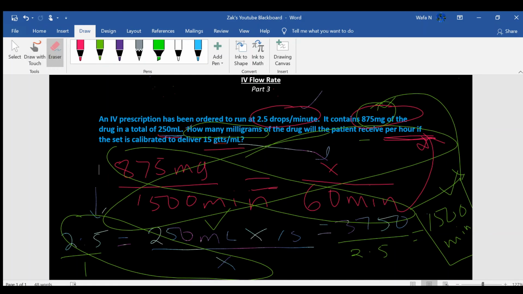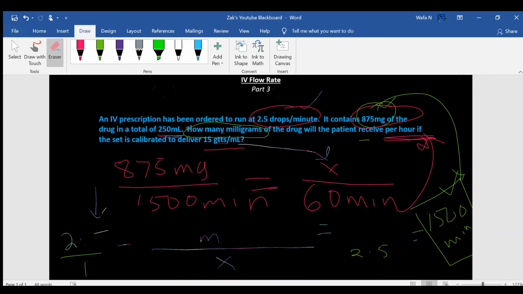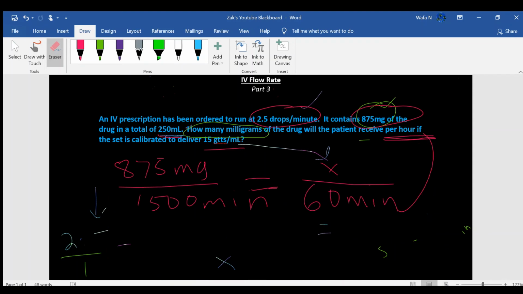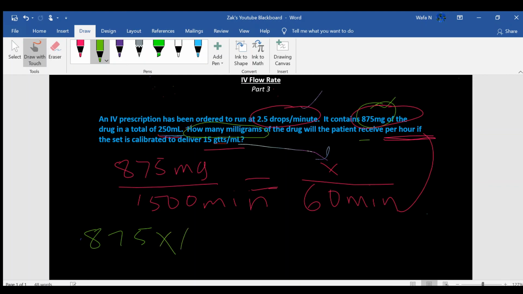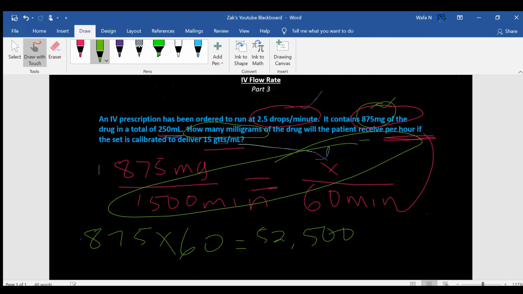So, with the cross multiplication process, we're going to divide this number by the number that crosses x.